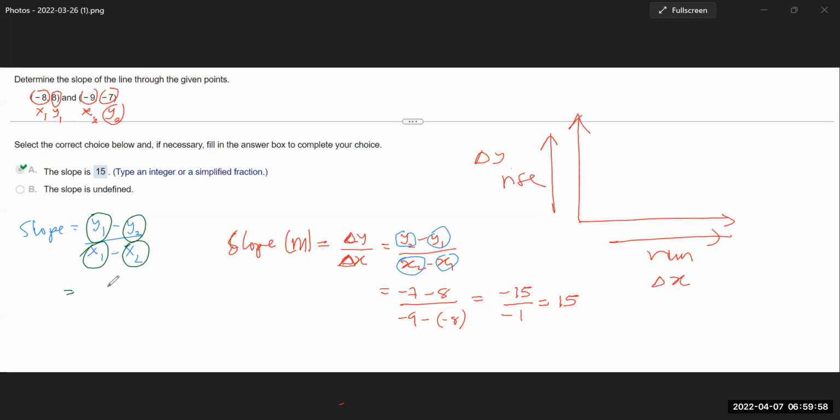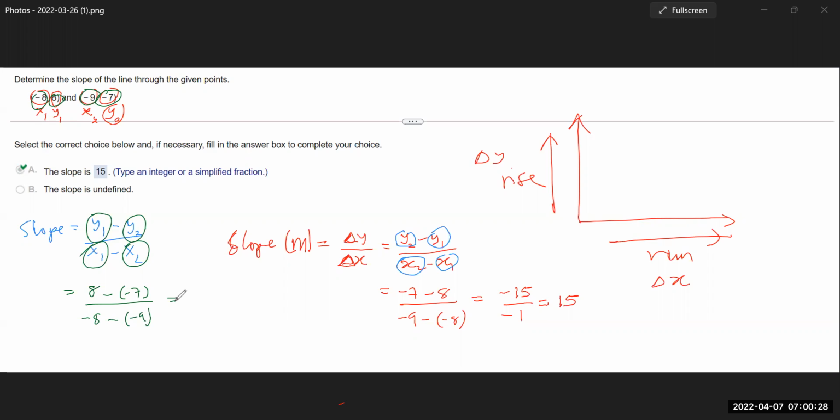So your y1 was 8, and your y2 is -7. And x1 is -8, and then x2 is -9.